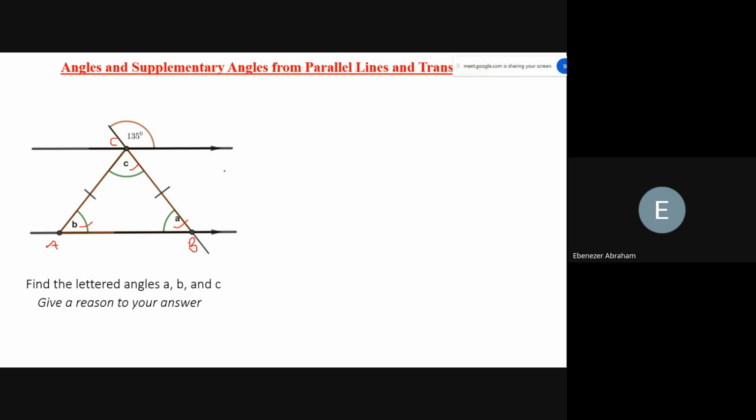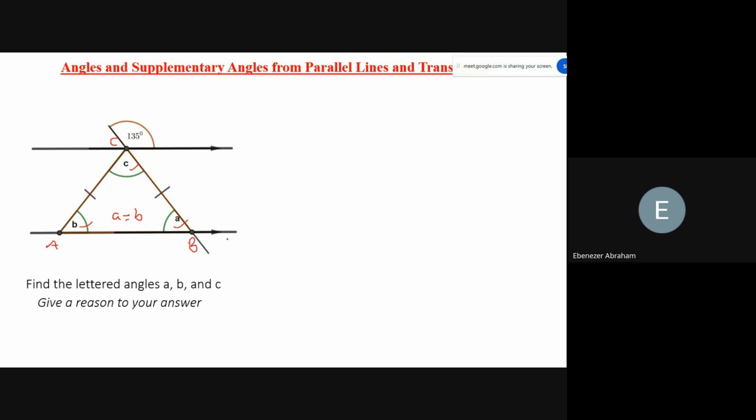Is that clear? Yes, sir. So that information tells you that angle A is equal to angle B. You know angle A, then it means you know angle B, because that is where the baseline is for the isosceles triangle.